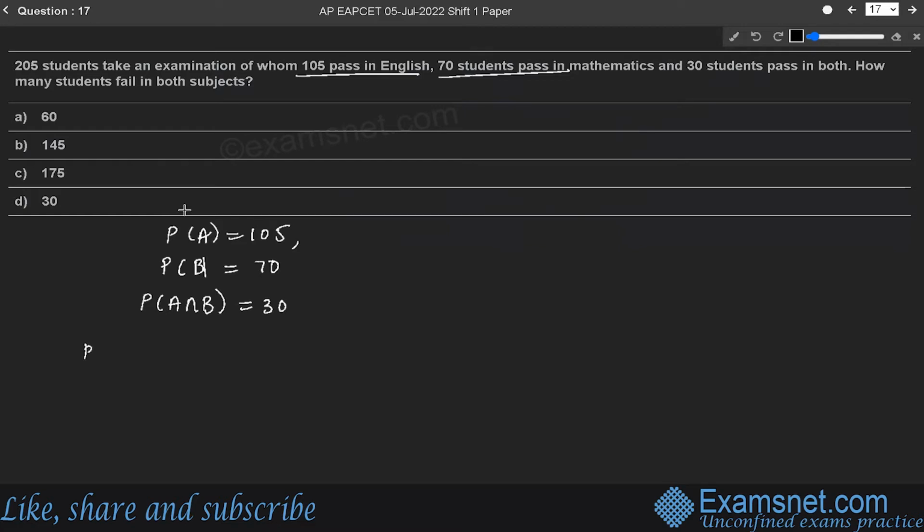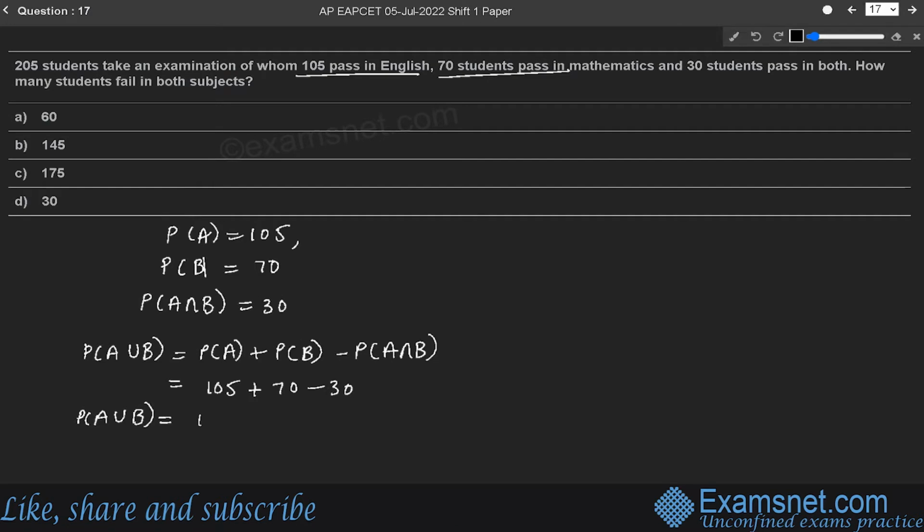We know there is a formula which is P(A union B) is equal to P(A) plus P(B) minus P(A intersection B). Putting all the values, we will get 105 plus 70 minus 30. So P(A union B) will be equal to 175 minus 30, which is equal to 145. This is the number of students who passed, or we can say that this is P(A union B).